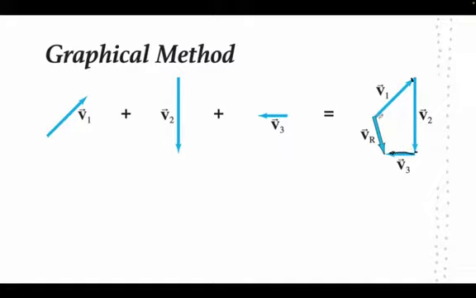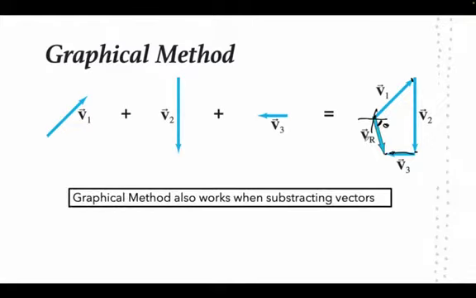And then my resultant vector will be from the beginning of the first vector connecting to the last vector. Then I would take my ruler and measure this, and I will measure this angle with my protractor, and I would say the resultant vector is this many degrees south of east.